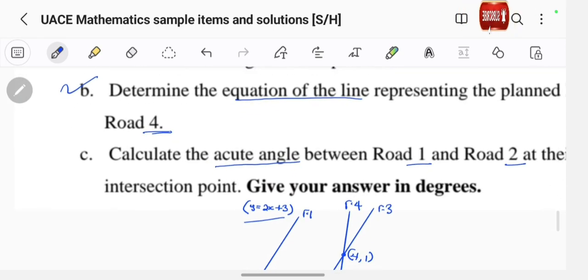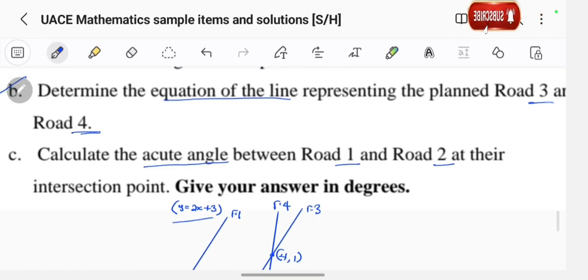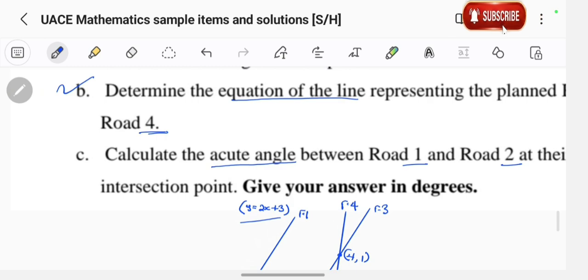So part C needs us to calculate the acute angle between rod 1 and rod 2 at the point of intersection.